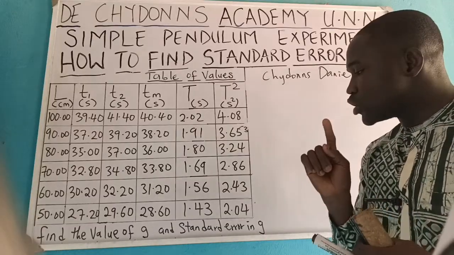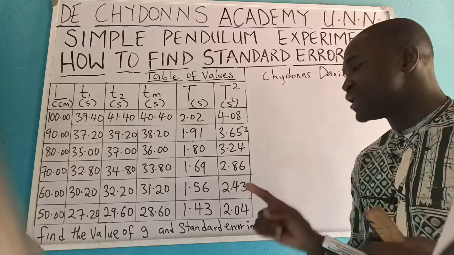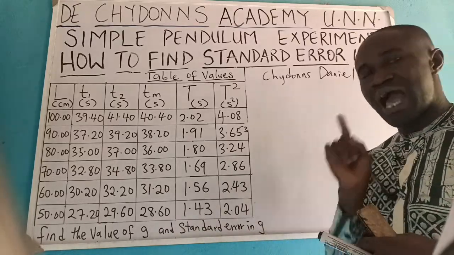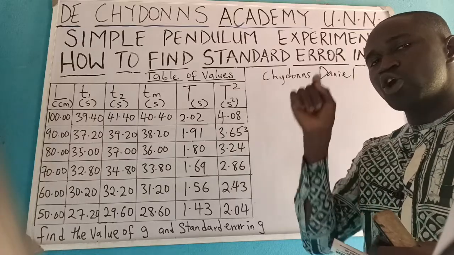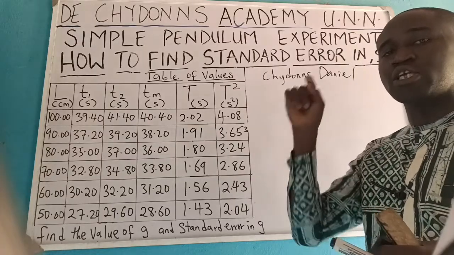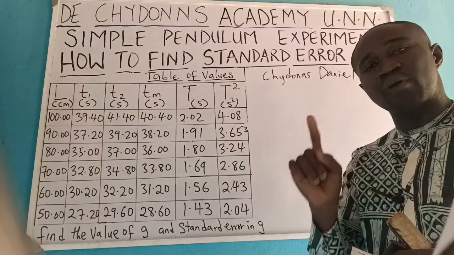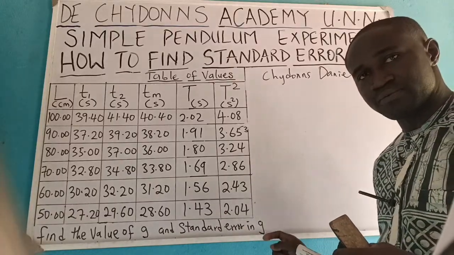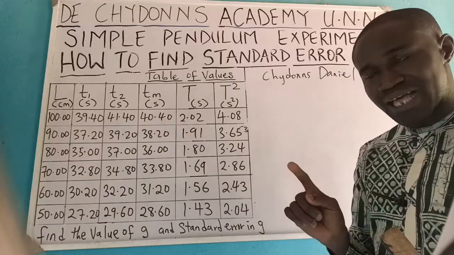Please, your slope and error in slope is different from G and standard error in G. I repeat, getting your slope and your error in slope is different from getting your G and your standard error in G. I say it again for the last time.